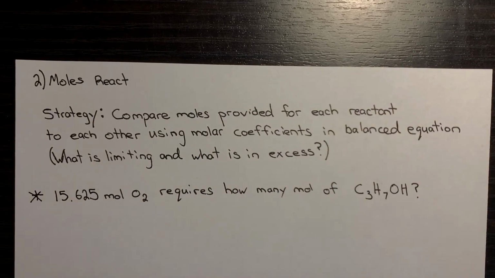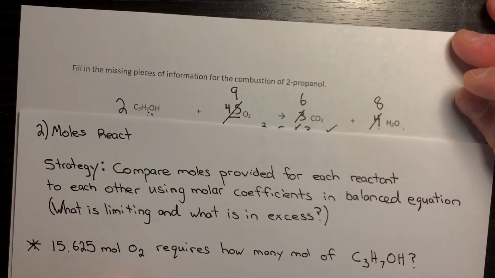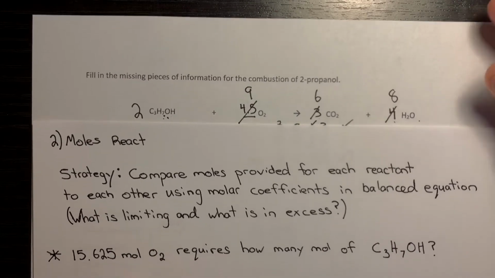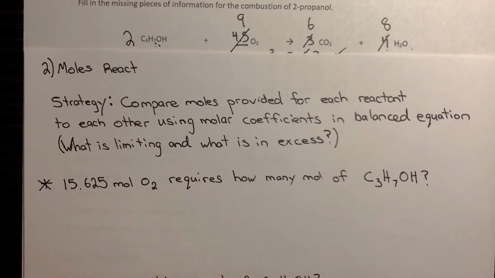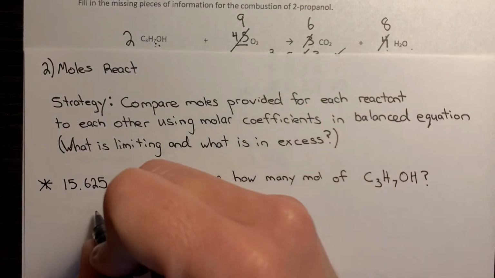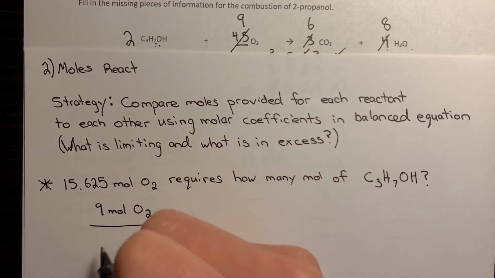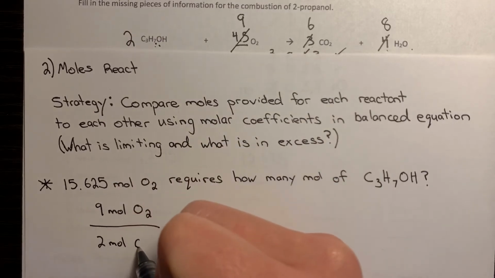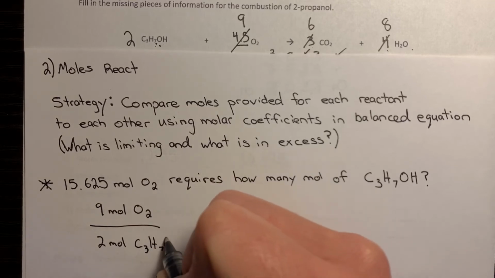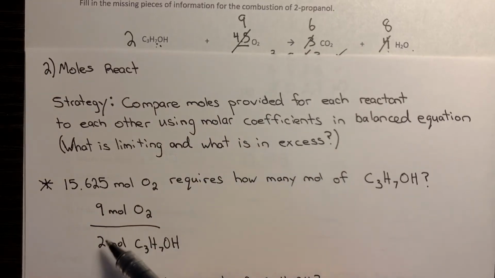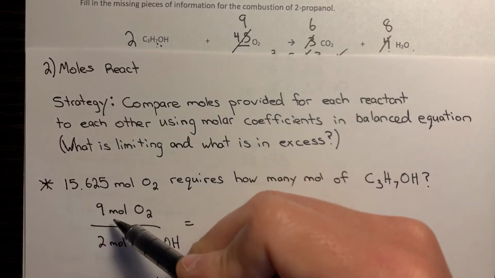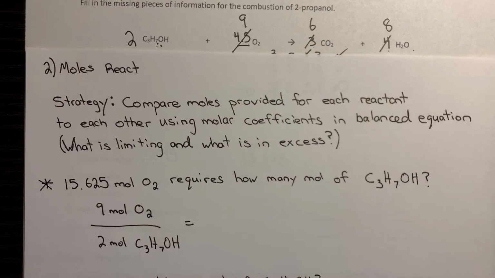And this just involves some simple mole ratios, again, going back to our balanced equation. So it might be useful to have that on hand, okay? So I know that per my balanced equation, I need 9 moles of oxygen per every 2 moles of the 2-propanol. That's our mole ratio. And I've gotten these numbers from the coefficients in our balanced equation, okay? And again, this is what happens per the reaction.